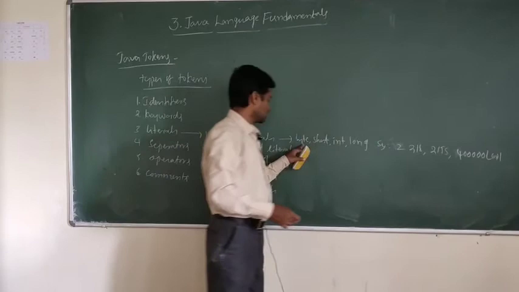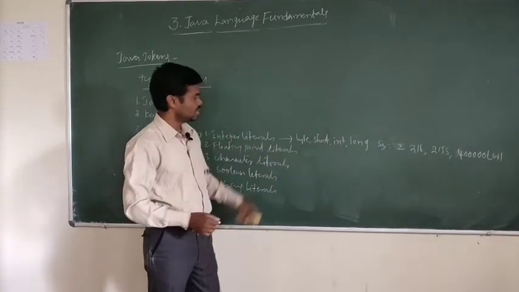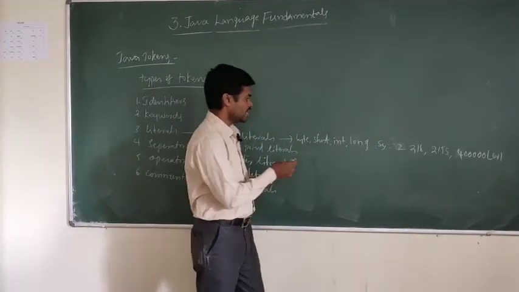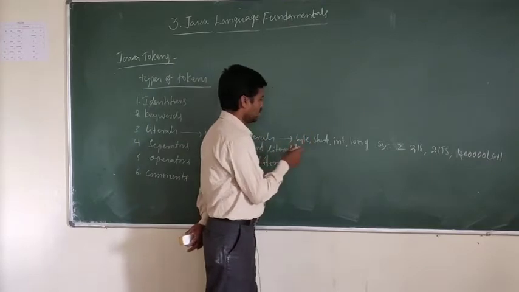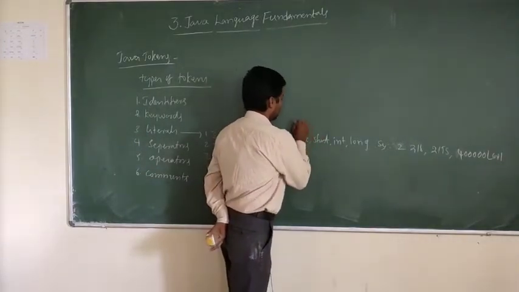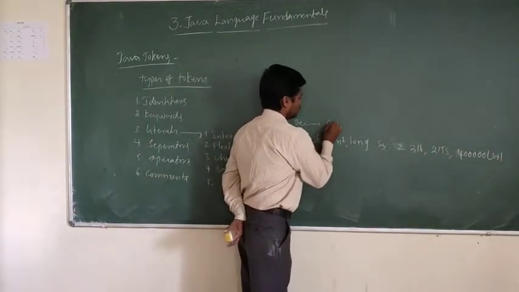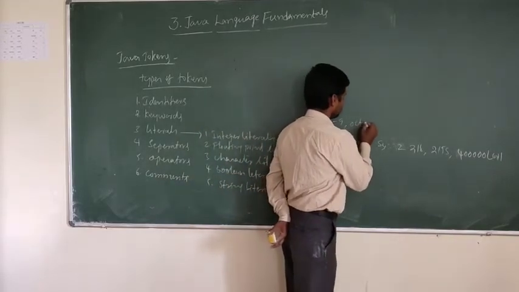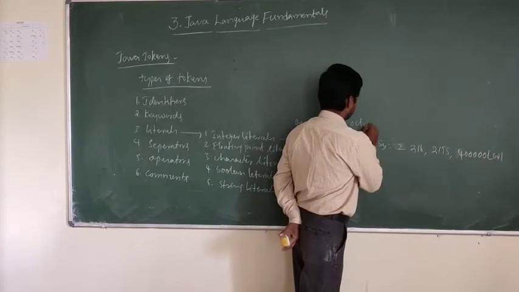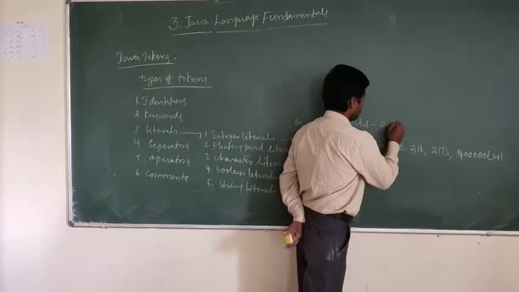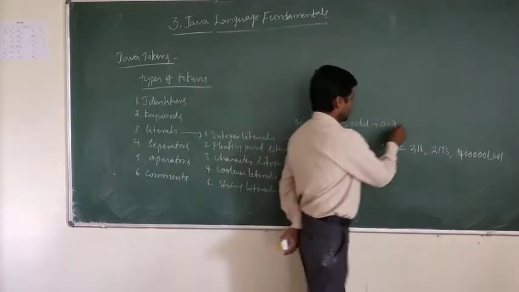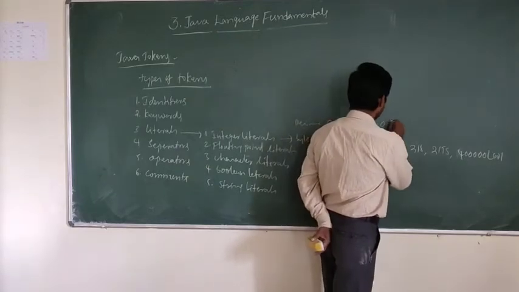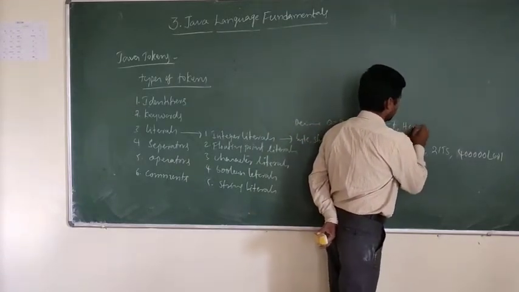Even the integer literals can be defined with different formats, that is decimal, octal and hexadecimal. Decimal numbers start from 0 to 9, and octal numbers start from 0 to 7.